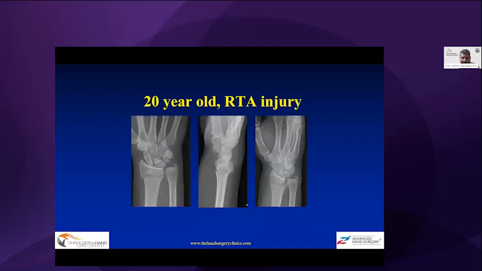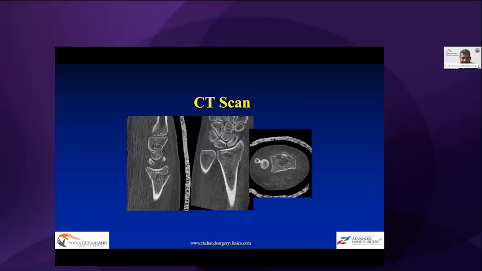Here is another case in point, and to the uninitiated eye, this may seem quite benign unless and until you pay attention to that little fragment in the ulnar corner, and that is the one that is going to play truant. So there is a fracture involving the dorsal and the volar cortices of the distal radius, along with this dorsal fragment, and then it's quite intuitive that it's very difficult to get a fixation or stability of this fragment through a volar plate screw alone, because you risk an intra-articular penetration in the radiocarpal as well as the distal radioulnar joint.